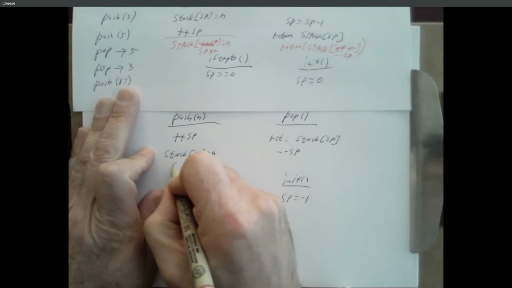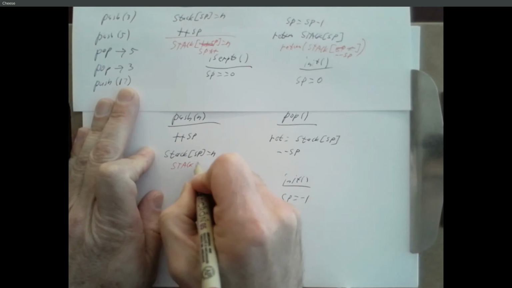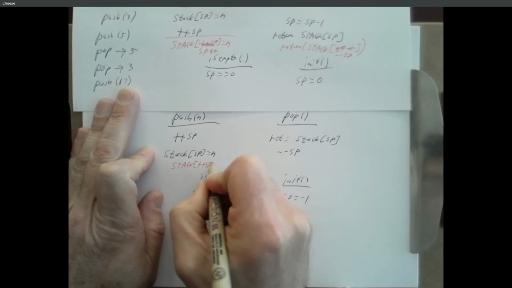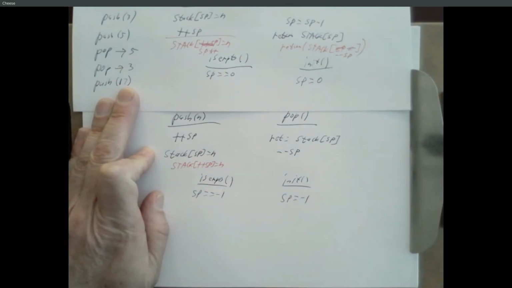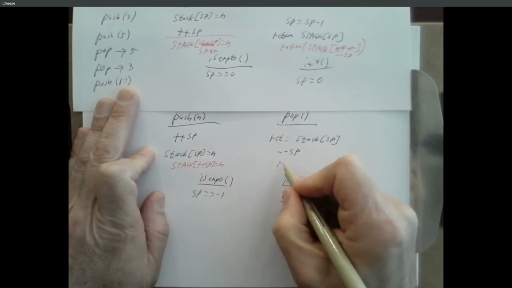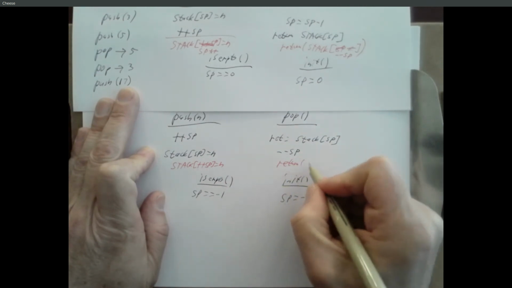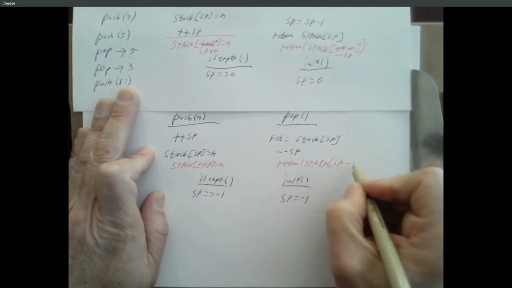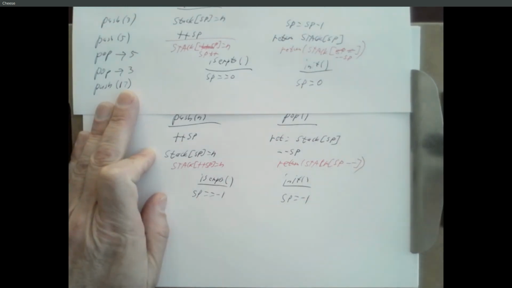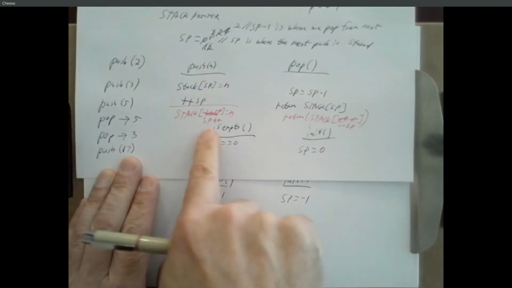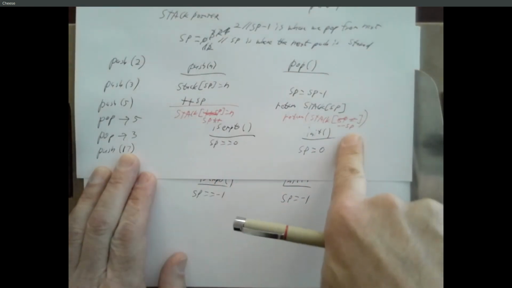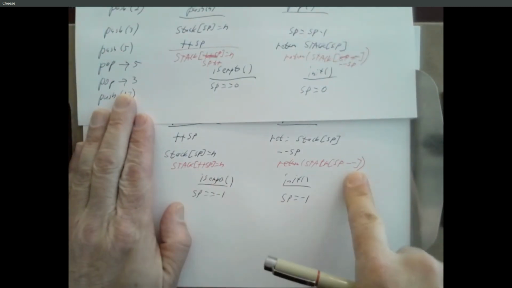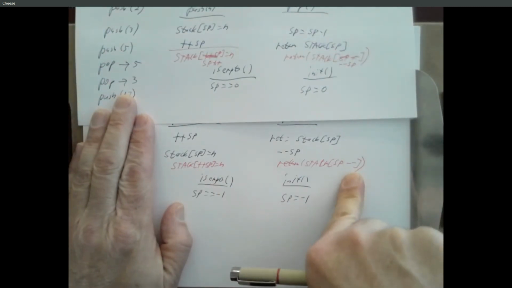With this approach, we want to increment before we use the value. So it looks like that. And here we want to use the value. And then decrement. All right, so this is a post-increment for push, a pre-decrement for pop. This is a pre-increment for push and a post-decrement for pop.